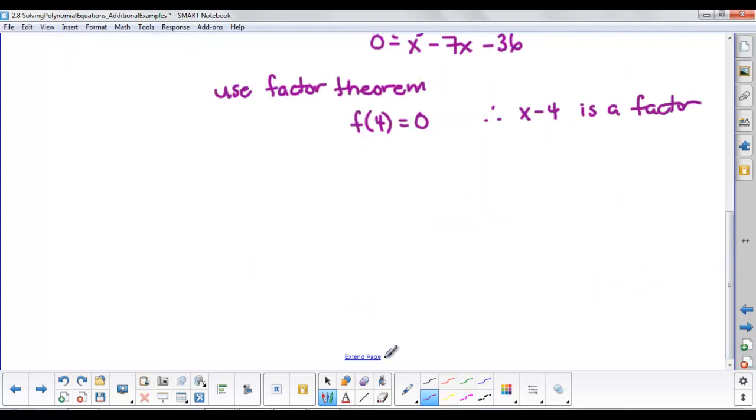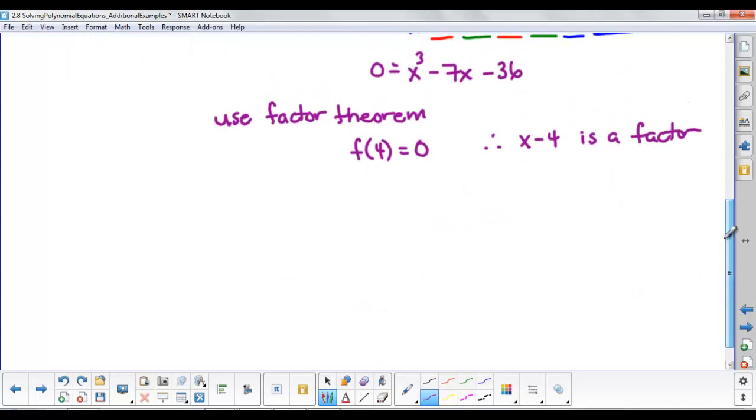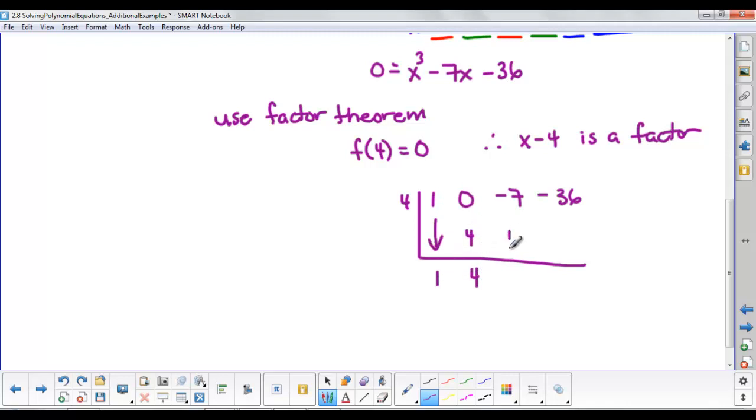And then when we go ahead and do the synthetic division on what we're given here, so there's our test root of 4, and then our coefficients, I have 1x cubed, I have 0x squared, that's important. We have minus 7x, and then negative 36. So I drop down the first term, and I multiply, I add up the 0 and the 4, I multiply, I add up negative 7 and 16, and then I multiply, and we get 36, and finally add them up.